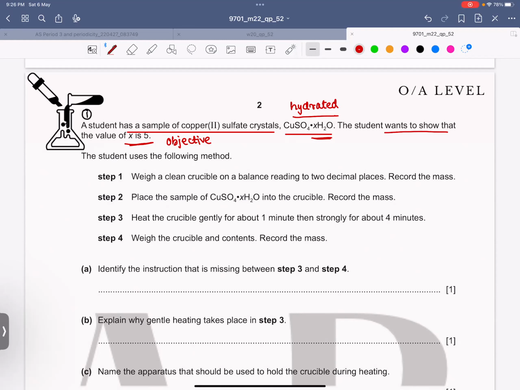Okay. The student uses the following method. Step 1, weigh a clean crucible on a balance, reading to 2 decimal places, and record the mass.